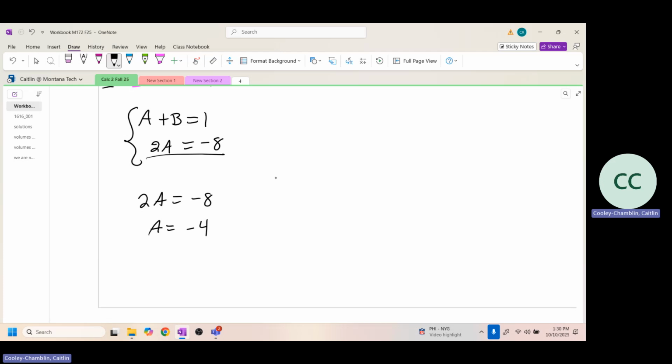And then my next equation, I have a plus b equals 1, but I know a is negative 4. So negative 4 plus b equals 1. And so b, I'm going to add 4 to both sides, equals 5.